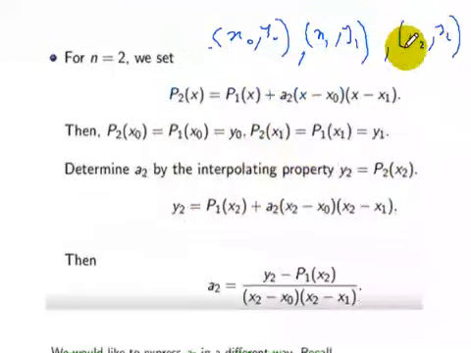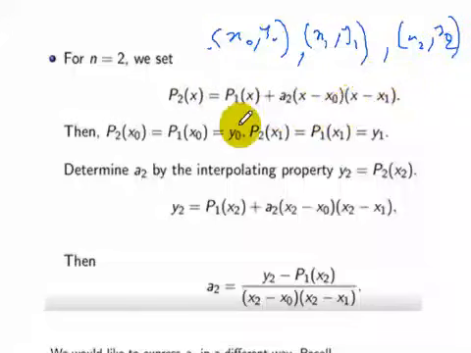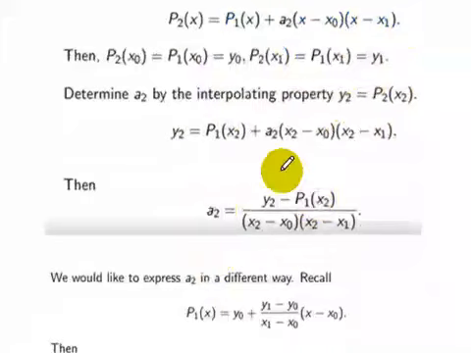Then from the next data point, when you throw this one into here, we should get y sub 2. So from this data, you find this constant value, because if you throw this x sub 2 into the equation, we should get y sub 2. From that data, we find a sub 2, which is also clear.